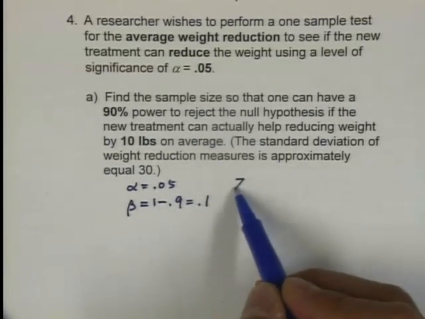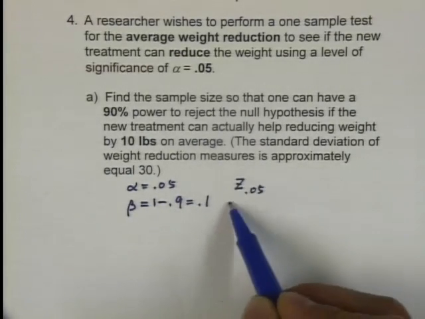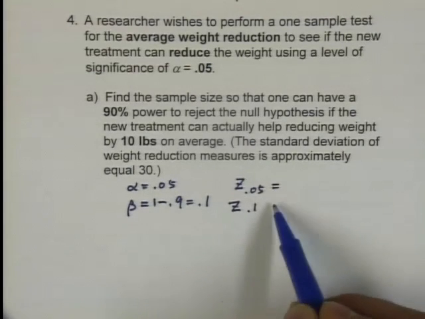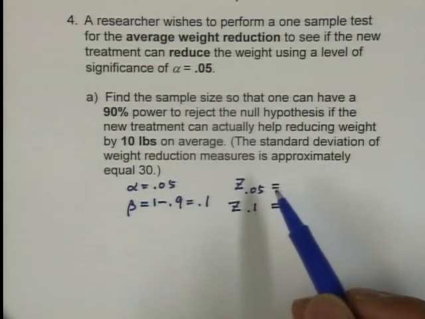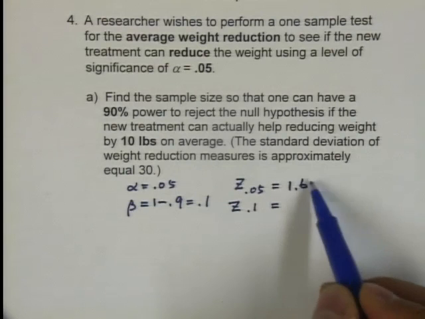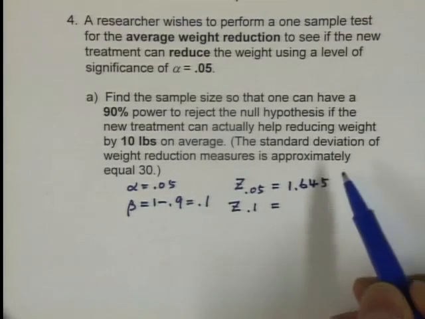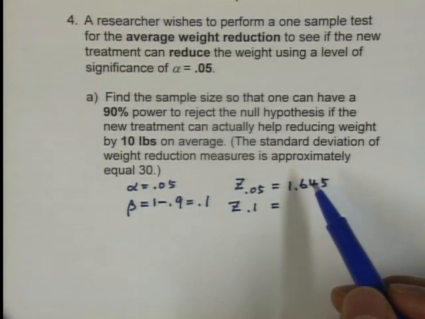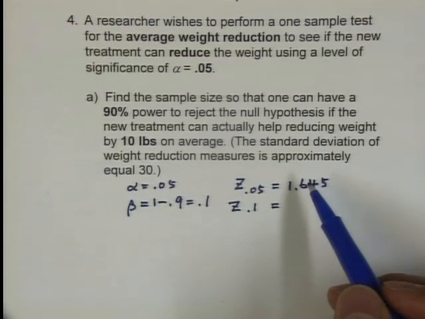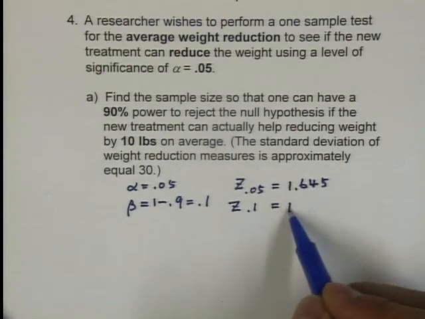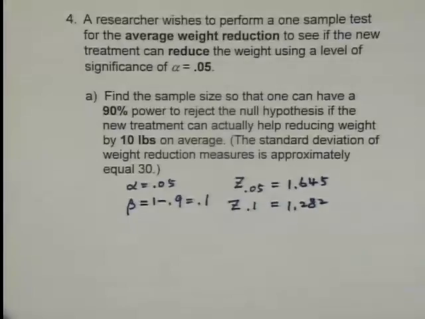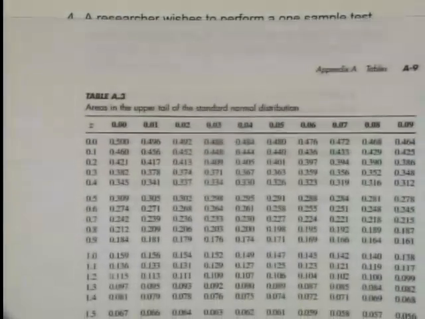So you have to find out what is z of 0.05 and z of 0.1. You need that in the chart, in the formula. And this is 1.64 or 1.645, if you do interpolation. I think while you were practicing, you've done that, right? And z of 0.1 is 1.282. Let me just double check on that. This is using Pagano's book.